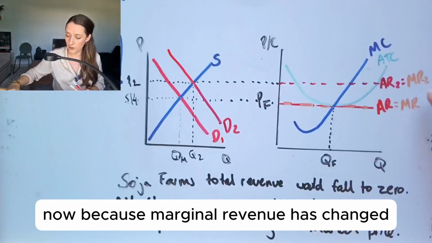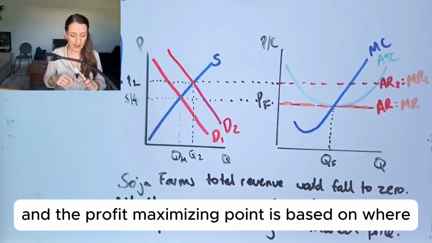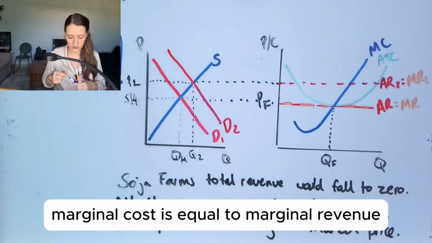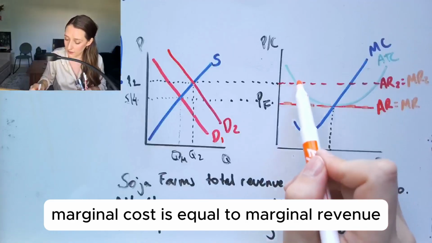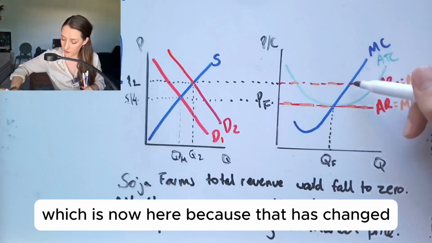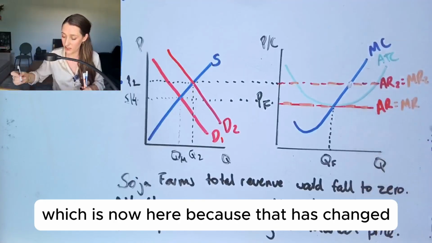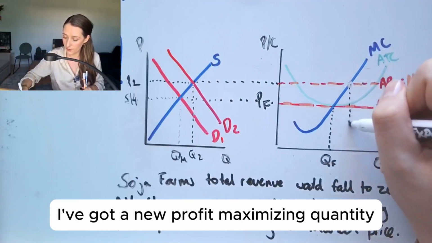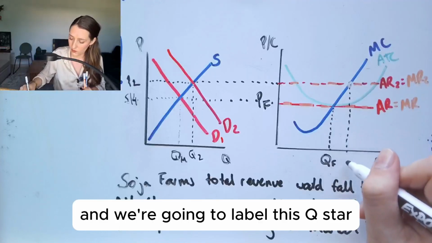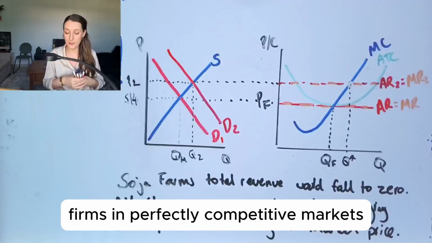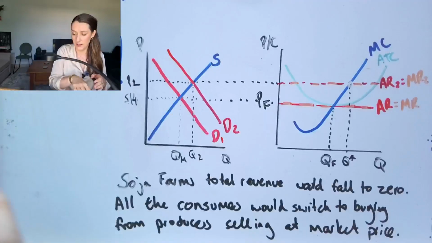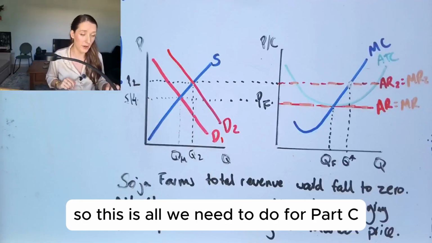Now, because marginal revenue has changed and the profit maximizing point is based on where marginal cost is equal to marginal revenue, we need to see where the blue and the orange lines intersect again, which is now here. Because that has changed, I've got a new profit maximizing quantity, and we're going to label this Q star. Firms in perfectly competitive markets can make a profit in the short run. So this is all we need to do for part C.